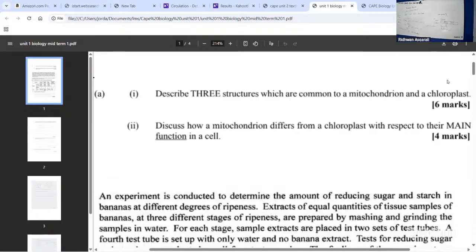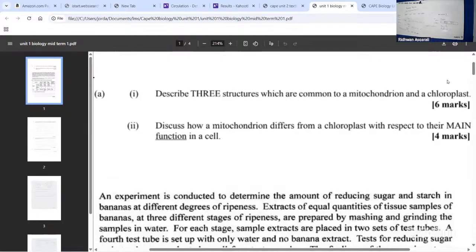Own DNA, have a membrane, both chloroplasts and mitochondria. Anybody else? What are the structures they have in common? Online, do you all have any idea?